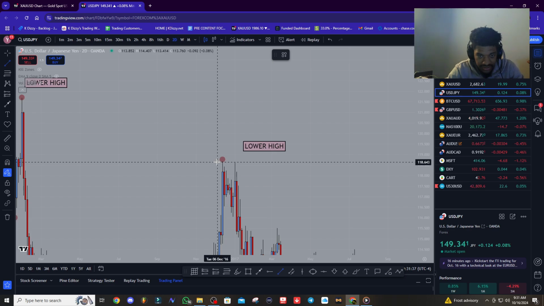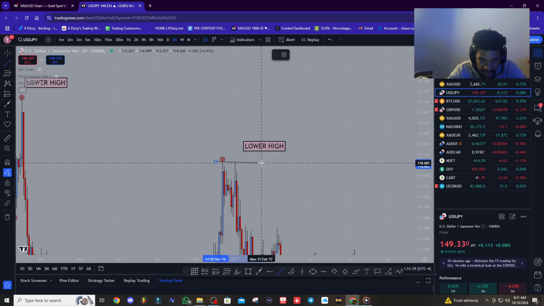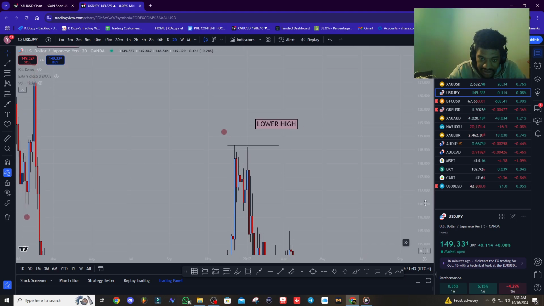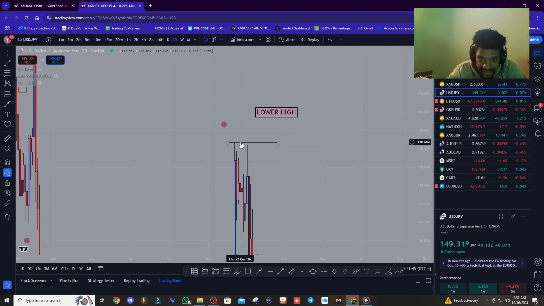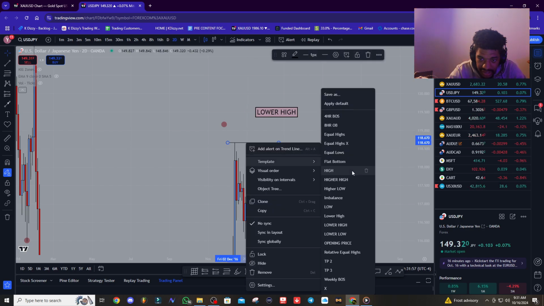Okay. This right here is almost what you call an equal high. It's two high points that were at the same level, the same price. There's two wicks, little black lines, you know. Yeah, that would be called an equal high.